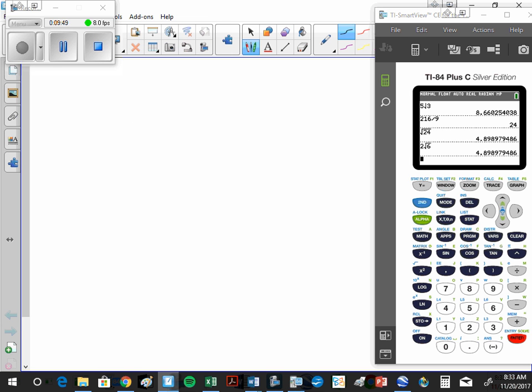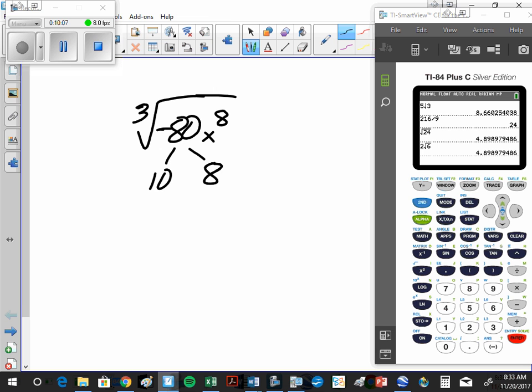For instance, let's say we have the cubed root of negative 80 x to the 8th. 10 and 8, 2 and 5. When I factor 8s, instead of doing 2 and 4 and 2 and 2, I just do 2, 2, 2. If that doesn't make sense to you, don't do it. But I know that 8 is 2, 2, 2.